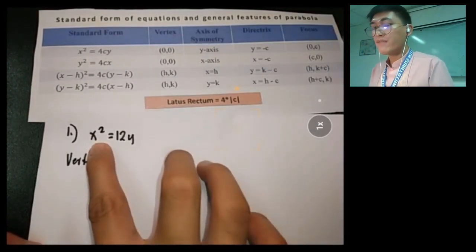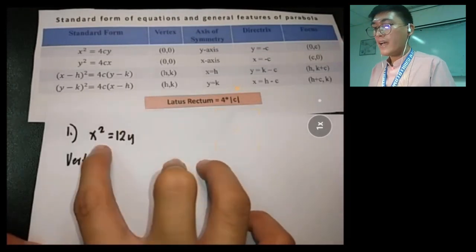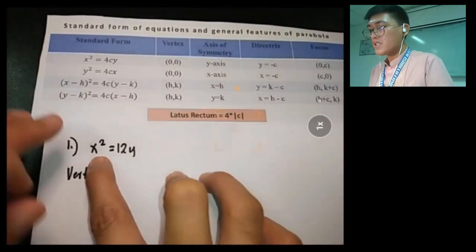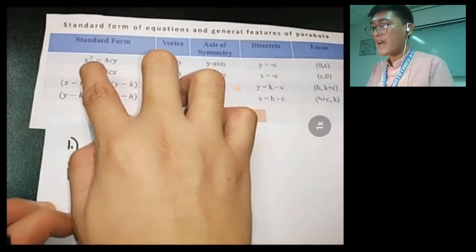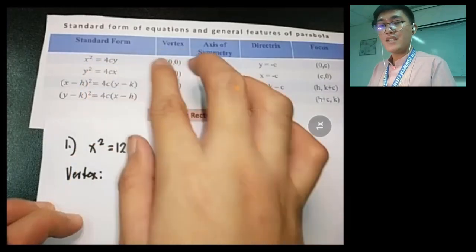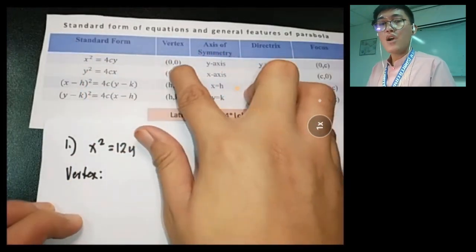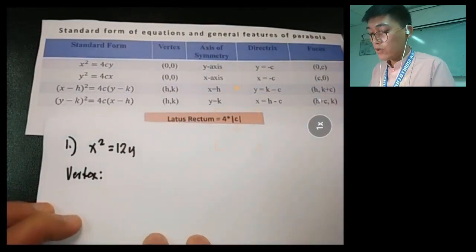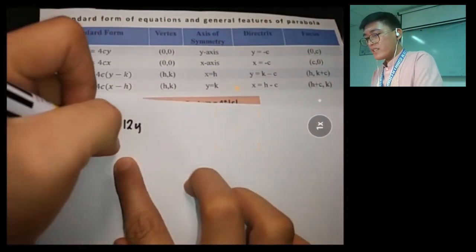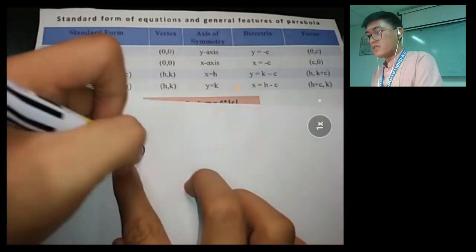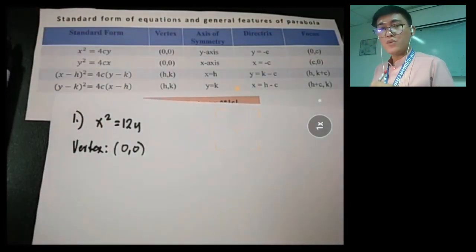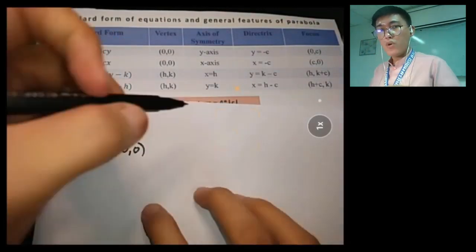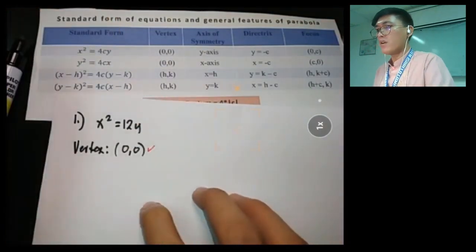Of course, you identify which variable is squared. The squared variable here is x. And based on our formula, when the squared variable is x, then the vertex must be at the origin and your parabola opens upward or downward. Take note of that. So our vertex is at (0, 0). This will be our answer for the vertex for number 1.